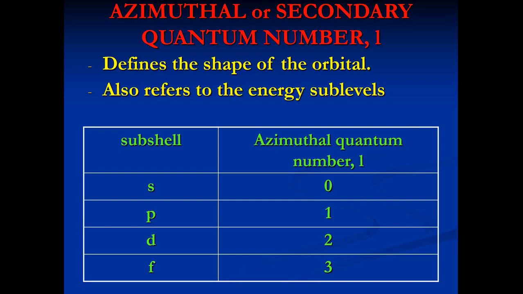Whenever you have an azimuthal quantum number l equal to 0, it means that you have an s orbital.